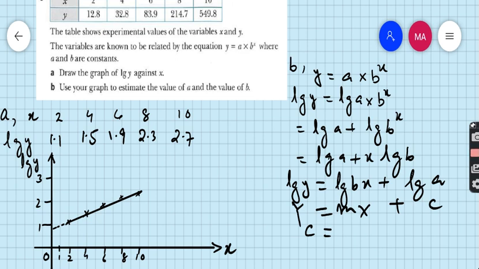If you read this value from the graph, this is almost 0.7.